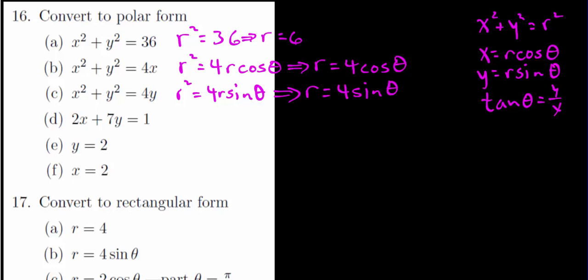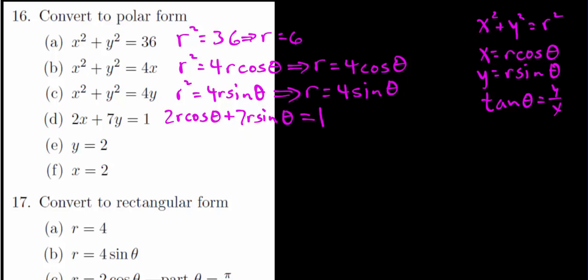Now those turn out to be nice because we're dealing with circles. Now we've got a line, and a line seems to be more natural to use rectangular coordinates, but I'm going to try to make it polar. So I've got 2r cosine theta plus 7r sine theta equals 1.